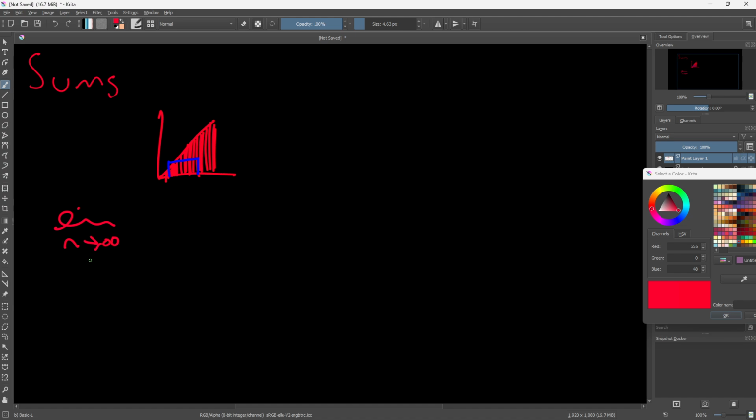If we want infinite rectangles and n's the number of rectangles, then we want n to go to infinity. Makes sense. Okay. So how do we get the width of the rectangles, right? Because they're infinitely small, but it can't just be nothing, right? Infinitely small in what way?